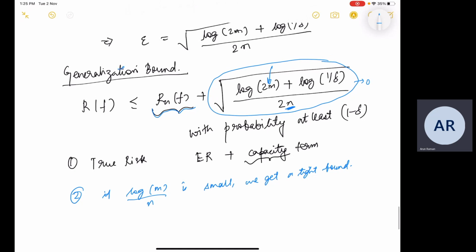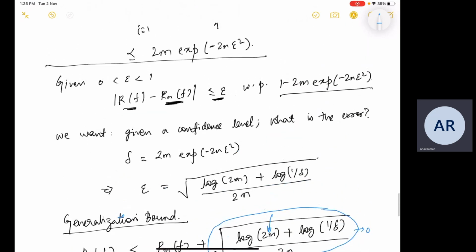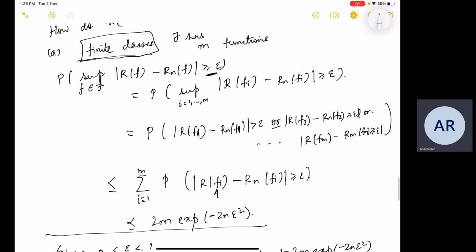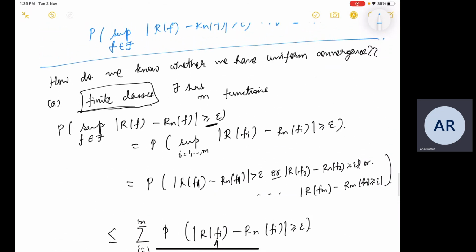So what we have seen in general in today's lecture is what role empirical risk has to play in the consistency of our learning algorithms. The main concept that needs to be grasped from today's lecture is that of uniform convergence, that we want all the functions in our function class to converge uniformly, in the sense that their empirical mean should tend towards the true mean.